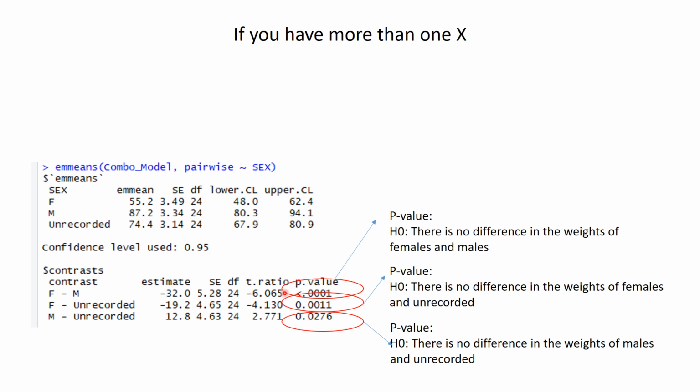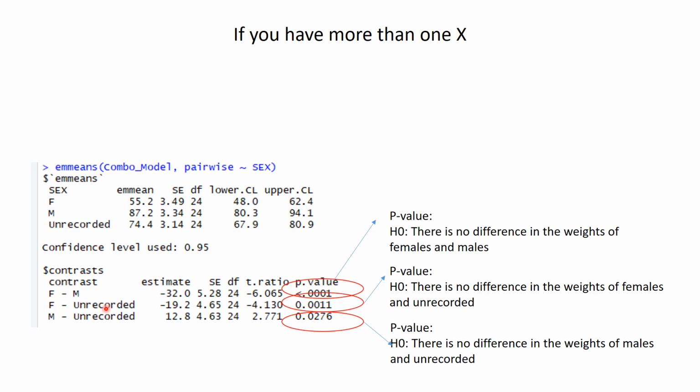And both of these are already presented in the summary table. We can see that both these p-values are smaller than 0.05. So as we already said previously, we can reject the null hypothesis and we can say there is a significant difference between females and males, and there's a significant difference between females and unrecorded.